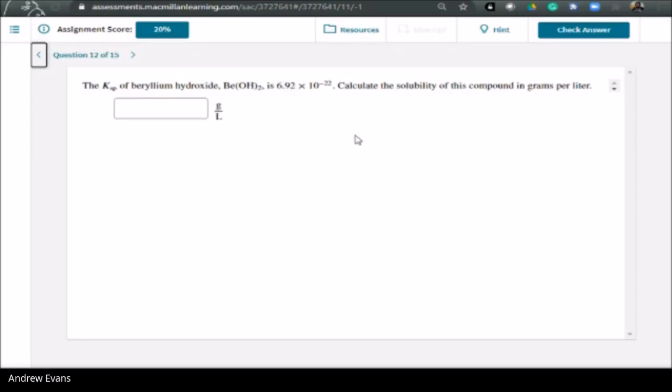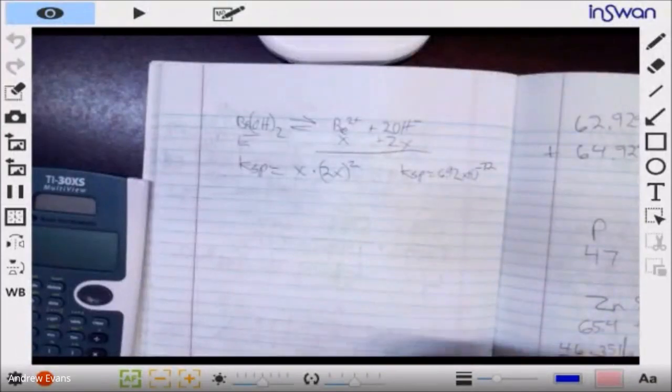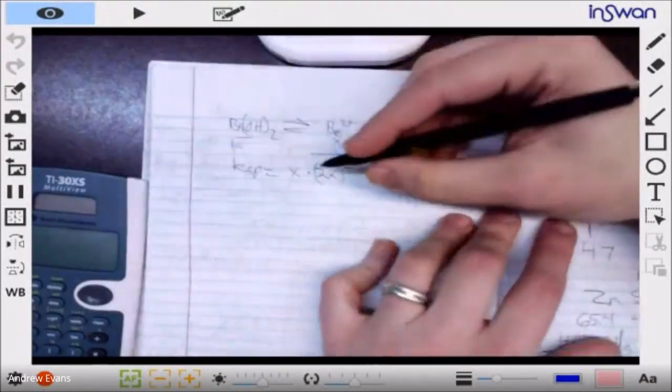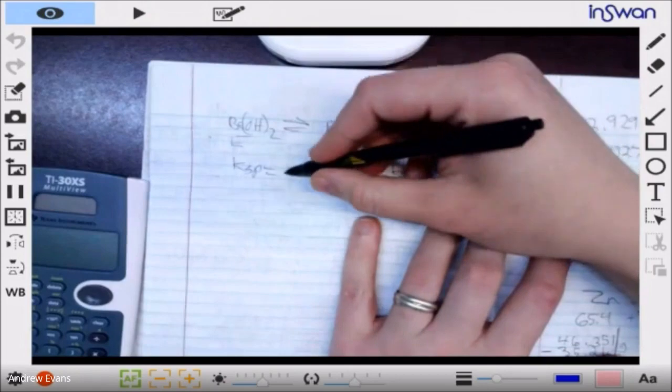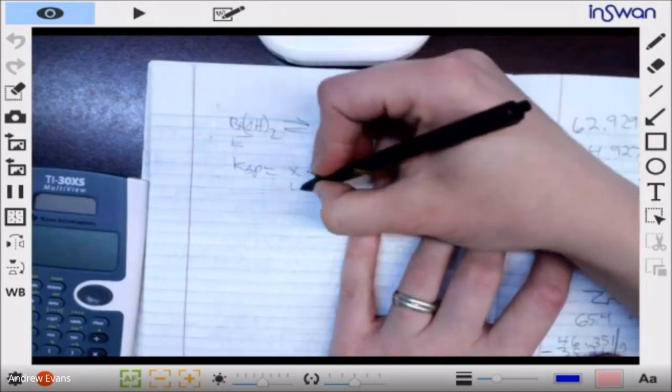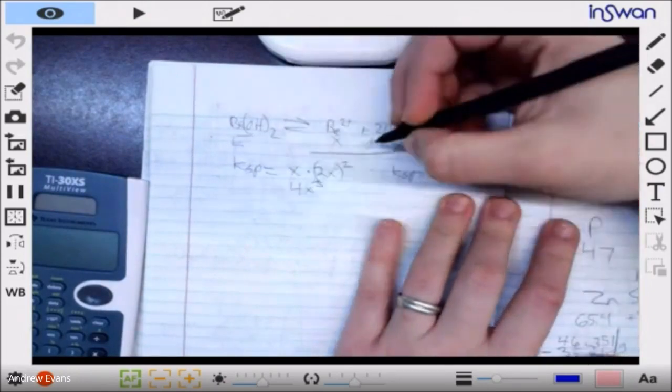I have to write the KSP down as 6.92 times 10 to the negative 22nd. So working at this one, x times (2x) squared is 4x cubed.